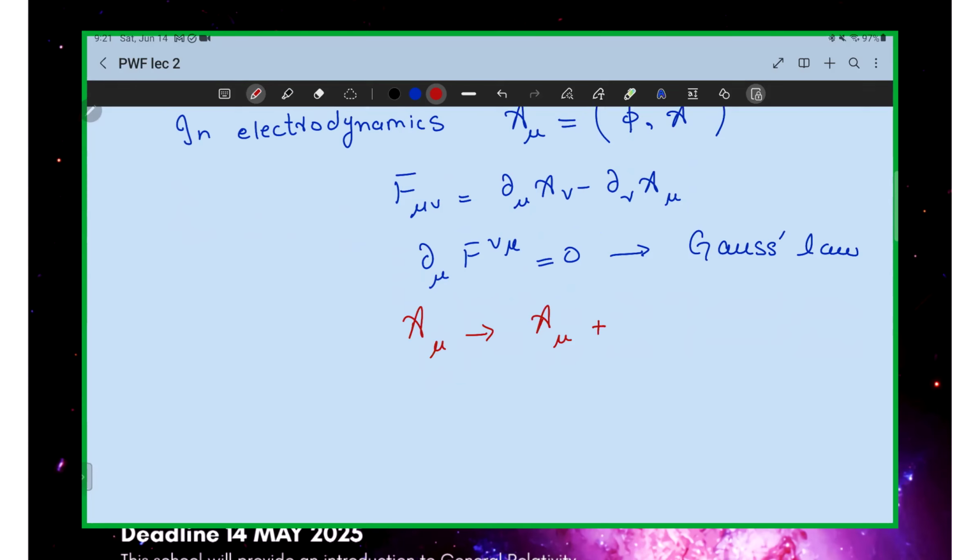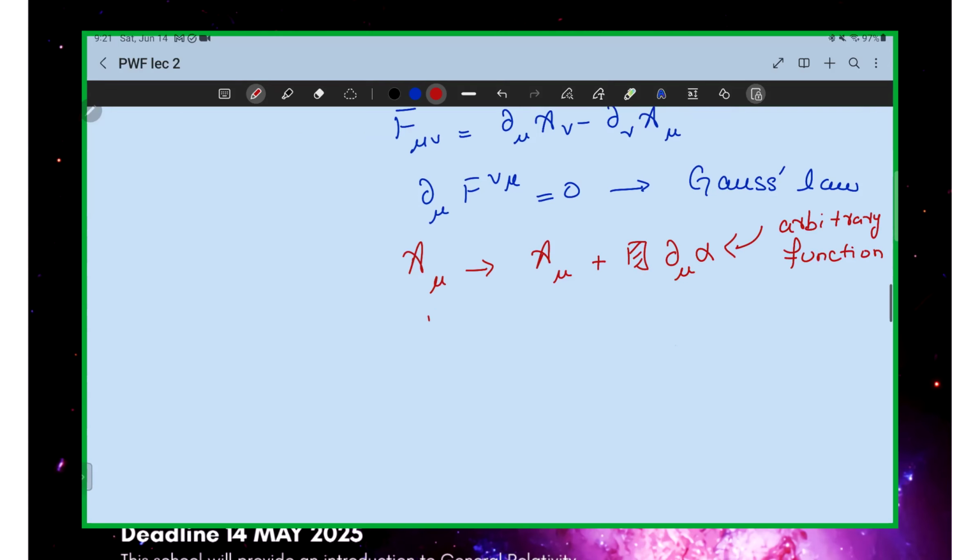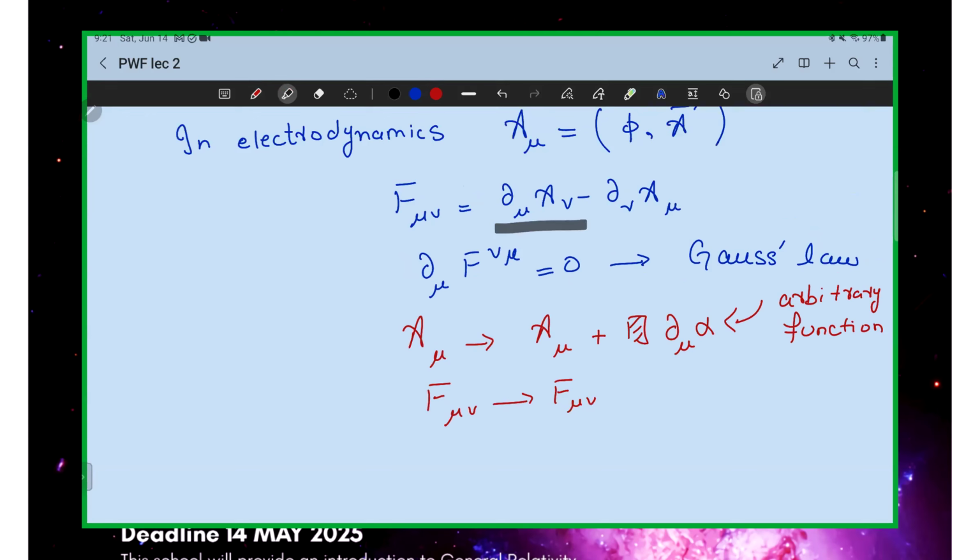There is some constant here, and you can add the derivative of any arbitrary function. If you change A mu like this, then F mu nu doesn't change, because you will get an extra term from here and an extra term from here, and they cancel, right? Which means that the equation of motion, this one, doesn't change under gauge transformations. That's why we say that we have a gauge symmetry.